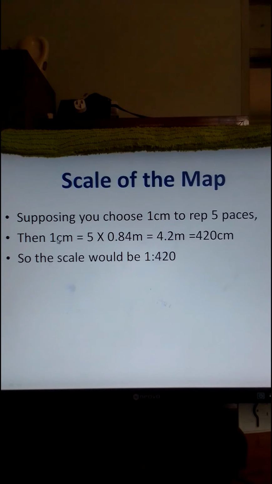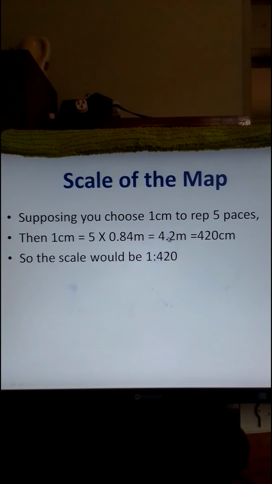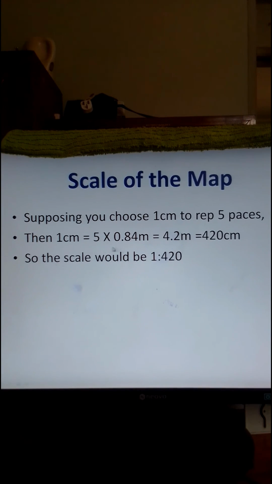So 1 centimeter on paper represents 5 times 0.84 meters or 4.2 meters, which is equal to 420 centimeters. So 1 centimeter on paper represents 420 centimeters on the ground. That means the scale would be 1 to 420. That's how you can deduce the scale for your map depending on the size of your paper.